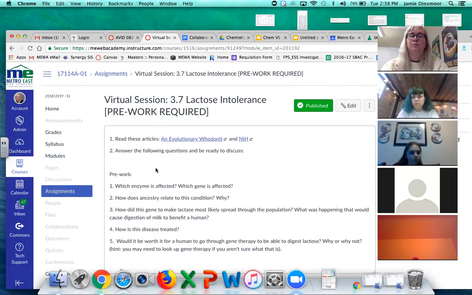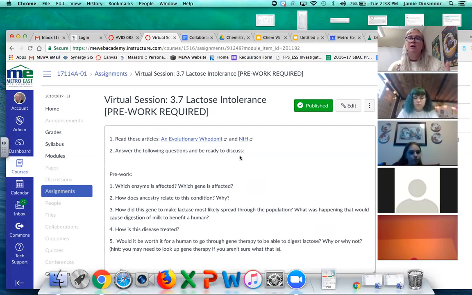Lactase is an enzyme, right, that digests lactose. Imagine that. Remember, A-S-E, a very common enzyme naming principle. So lactase is digesting lactose. Guess what? Lactase is an enzyme, which means it's a protein.